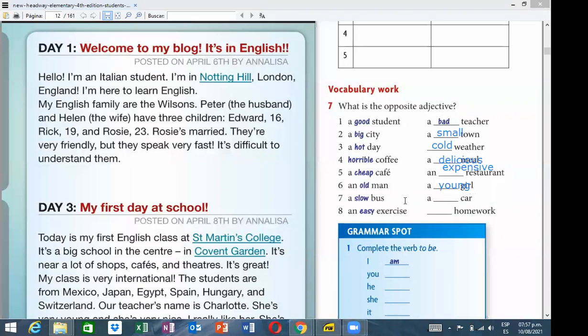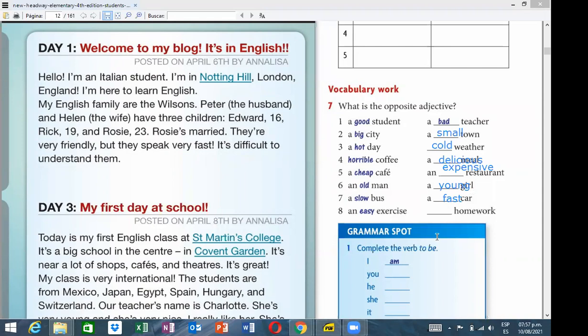Okay, the next, number 7, a slow bus. What's the opposite? Fast. Fast, very good. A fast car. And the last one, number 8, an easy exercise. The opposite? Difficult homework. Difficult homework.